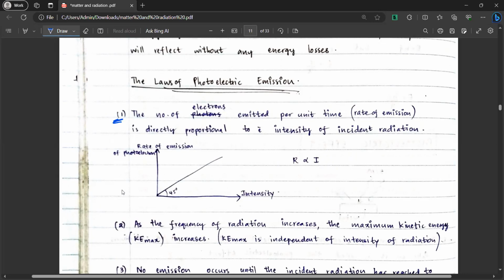Look, the number of photoelectrons emitted per unit time is directly proportional to the intensity.